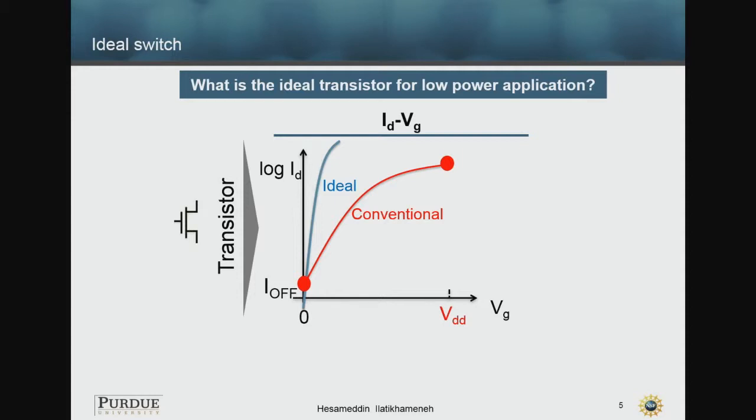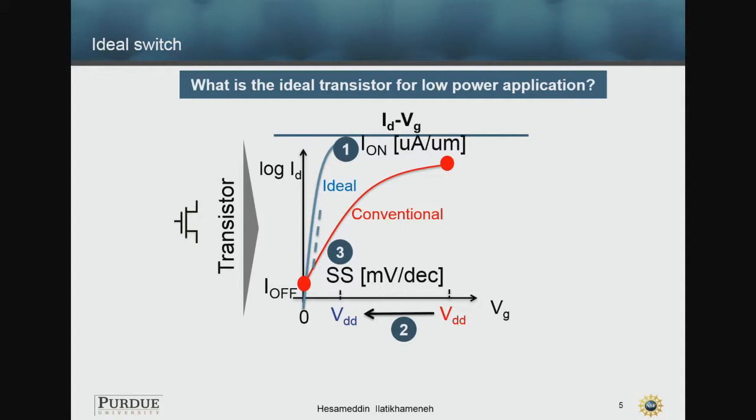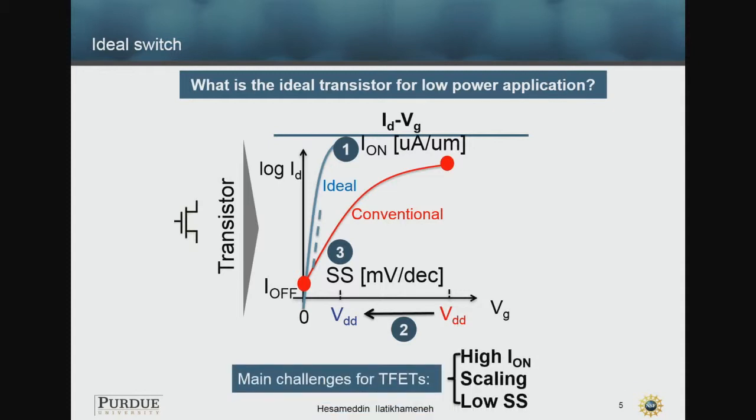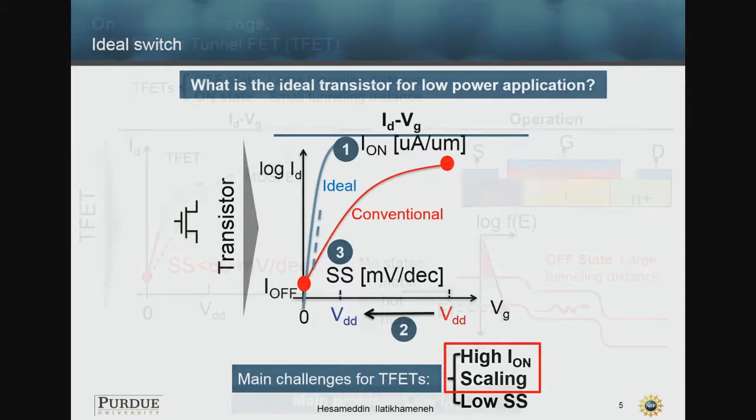The ideal case would be that we have very high on current, and we can also reduce the supply voltage, but also we have a very small off current and a very steep device. But all of these aspects are challenges for any device like tunnel FET. But I'm going to focus on just high on current and the scaling challenge.